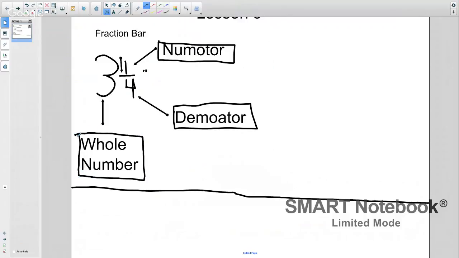So you can make a circle or a box around them. They stand for different things: a whole number, a denominator, a numerator. And the fraction bar is important too. But why is the fraction bar important? The fraction bar is important because I'm going to show you.